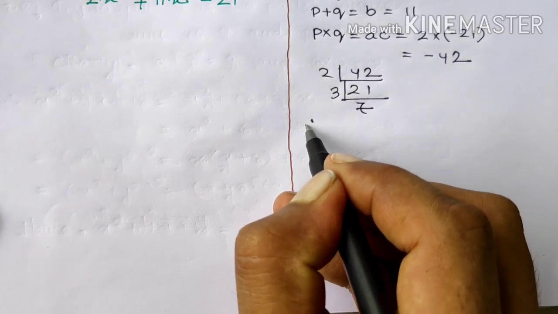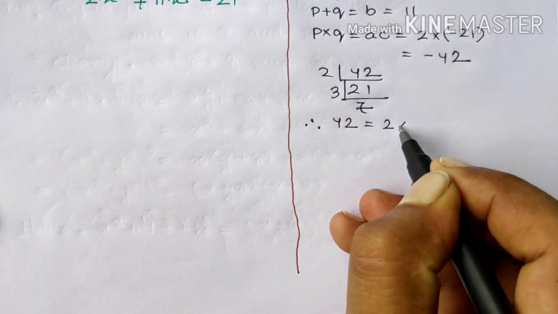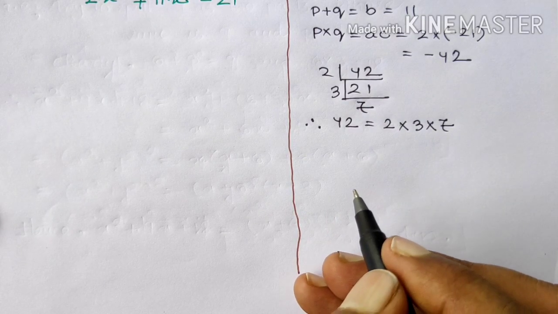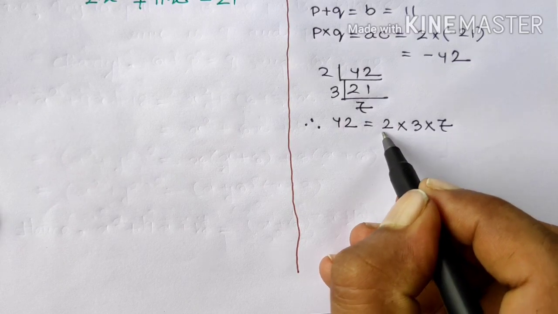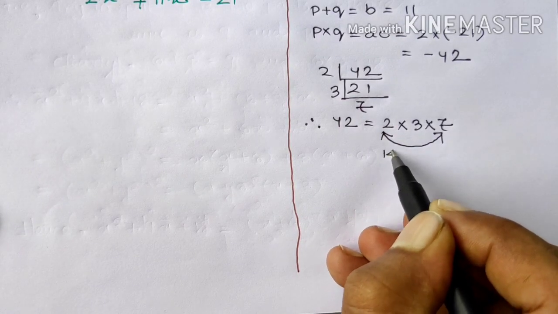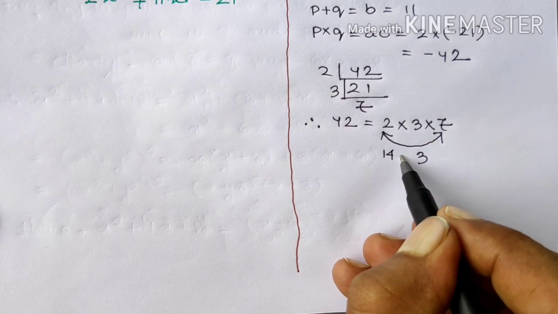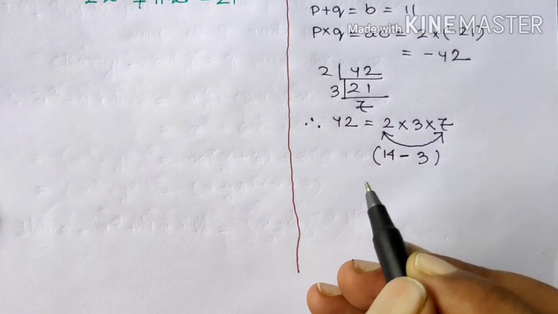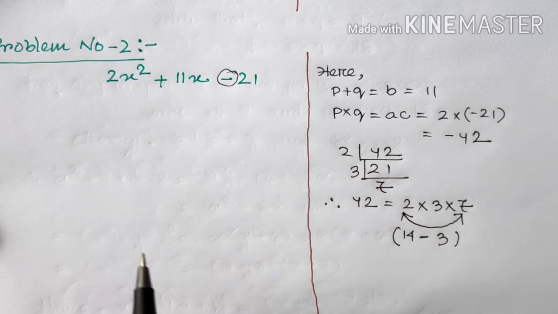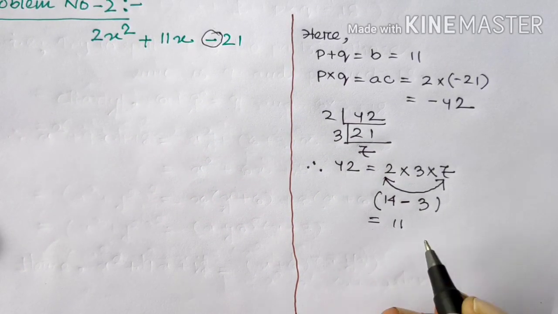Therefore we can write 42 as 2 into 3 into 7. Now for p and q we have to multiply 2 and 7 and we get 14, and 3 as 3. Now just subtract 3 from 14, we get 11, and since a minus sign is given here, therefore you have to subtract here.